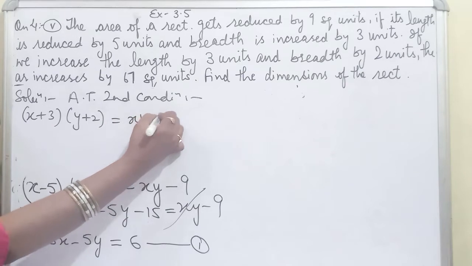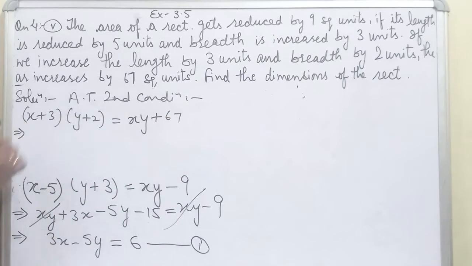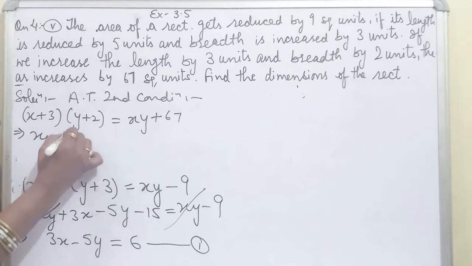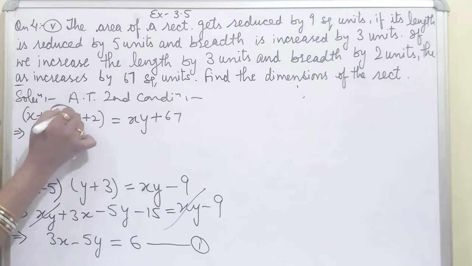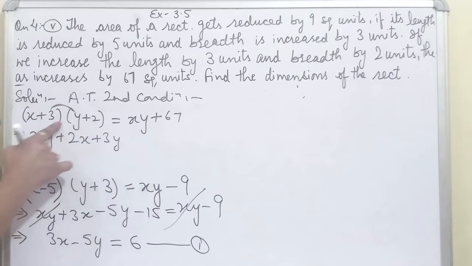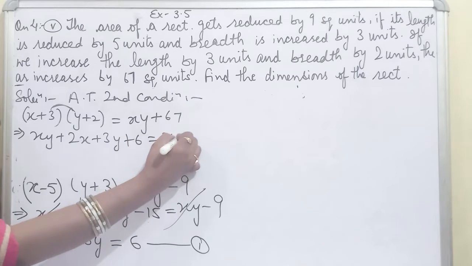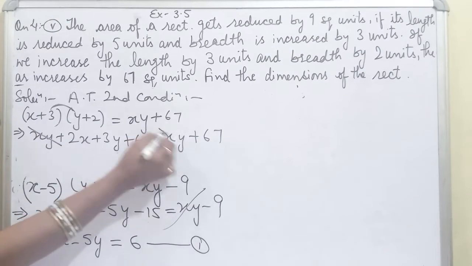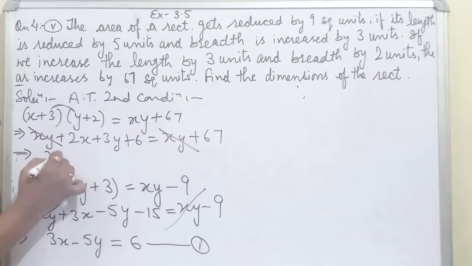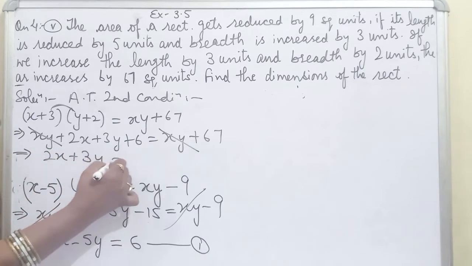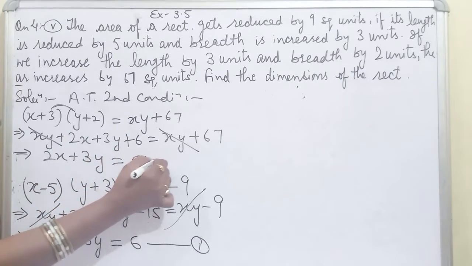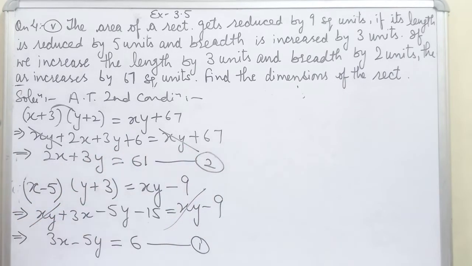Open up the bracket fast. xy plus 2x plus 3y plus 6 equals xy plus 67, and again you can cut xy from both the sides, and now I'll get 2x plus 3y equals to 67 minus 6, that is 61. So this is the second condition.